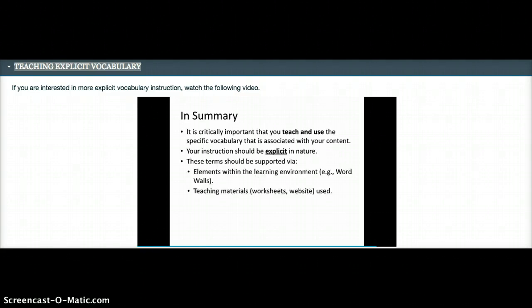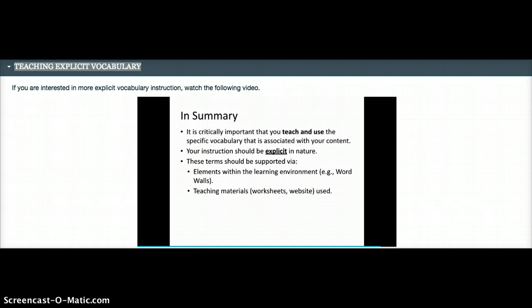Terms that are going to be used should be supported in the elements within the environment, so that the learning environment itself, such as your classroom, has things like a word wall where students can have support mechanisms to support things like working memory in their understanding of vocabulary.